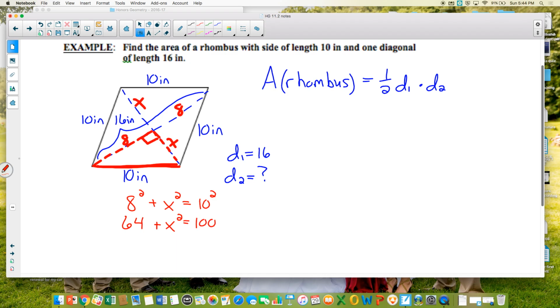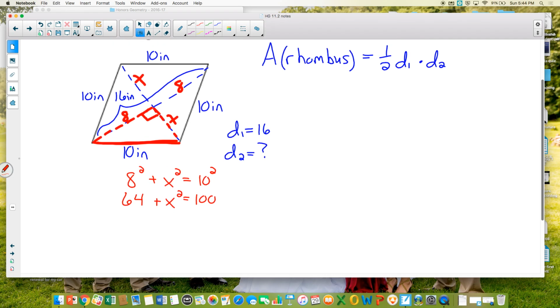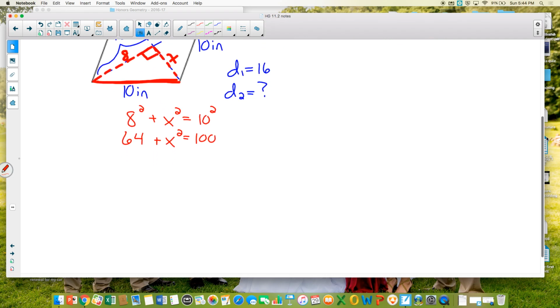And then from here we can find our x value. X squared is going to equal 36. So we square root that. X equals positive 6.